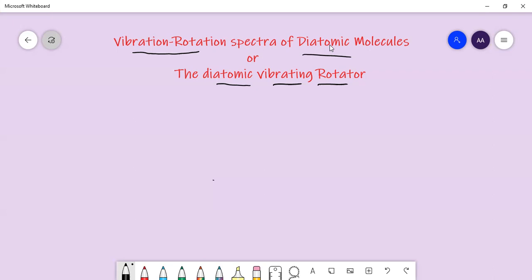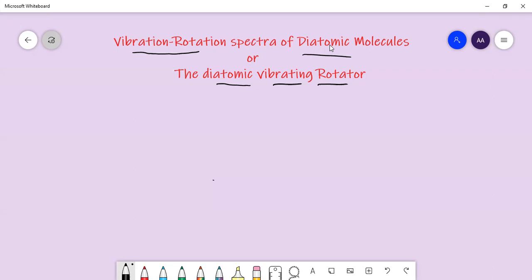Now, in our last lecture, we discussed the vibrational spectrum, and we saw that by the absorption of radiation in the IR region, the vibrational transition occurs, due to which we get different types of spectrum due to the vibration of the bonds.